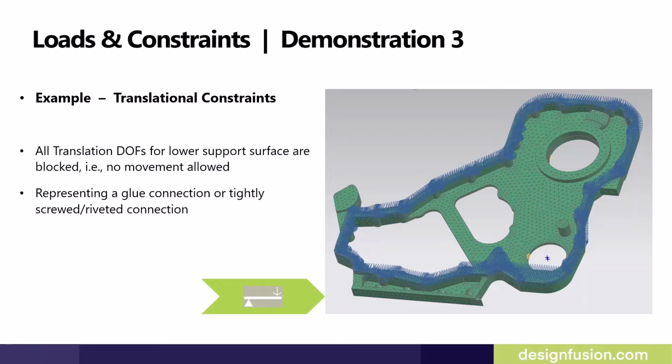We have to block three translation degrees of freedom, and for that we need to apply a fixed constraint or fixed translation constraint to the support face of this cover, and it is a good idealization and simplification with respect to reality.